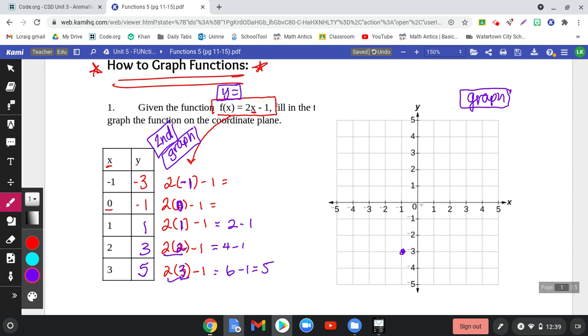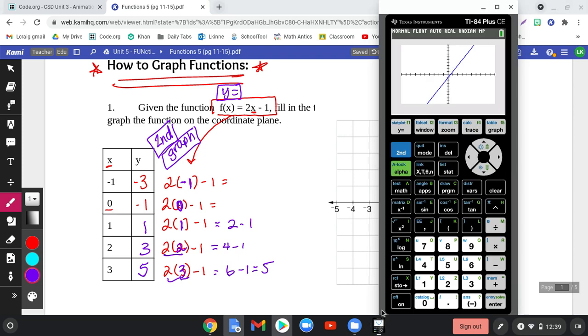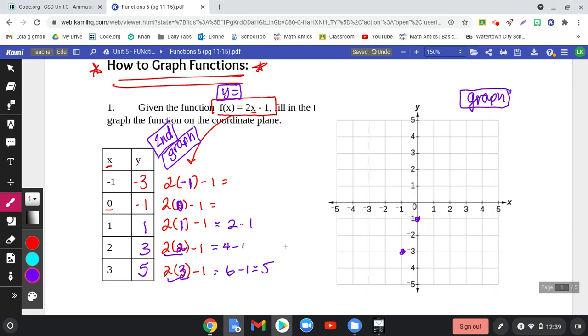So you don't go from side to side, just down 1. And another cool thing about having it in the graphing calculator, if you don't know if it should go here or here, do you see anything on their graph? No. So there shouldn't be anything on your graph there either. All right, 0, -1's right there. It should be following the same path.